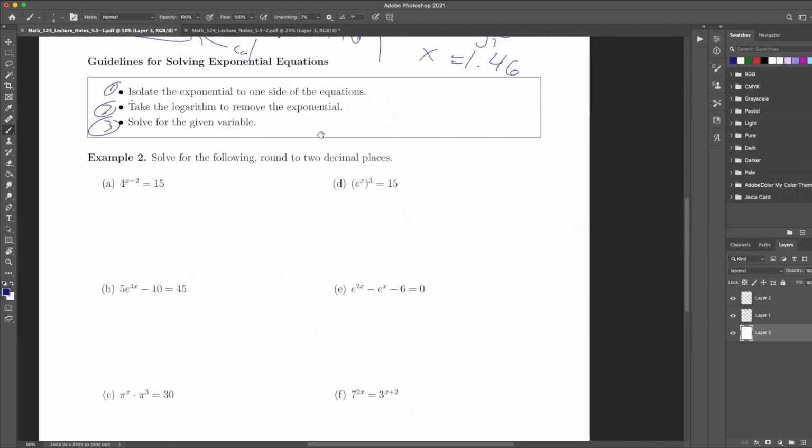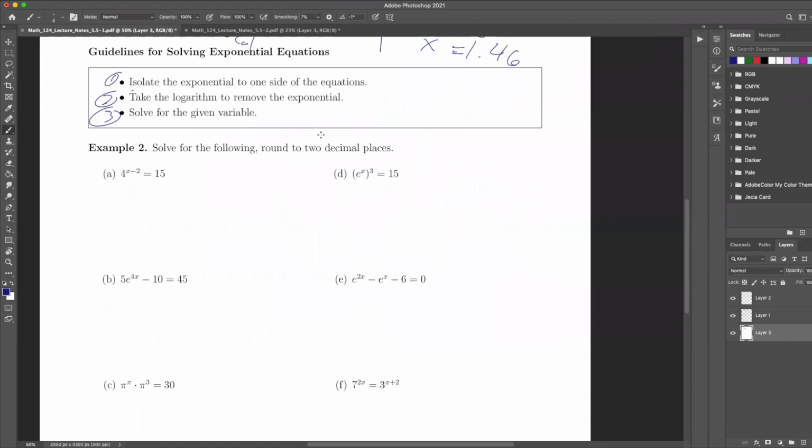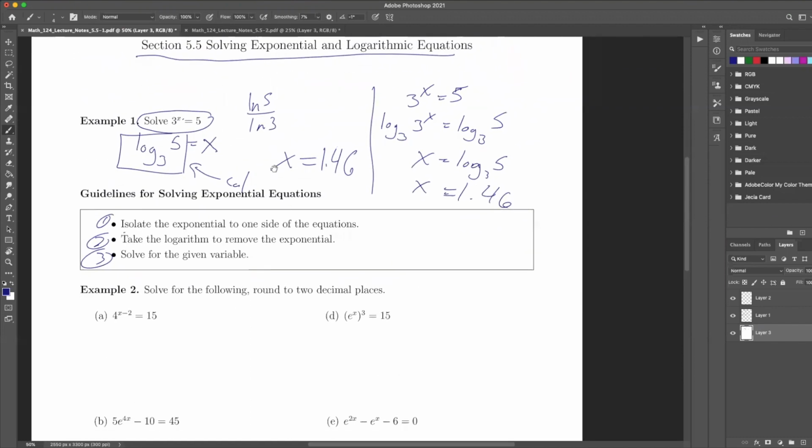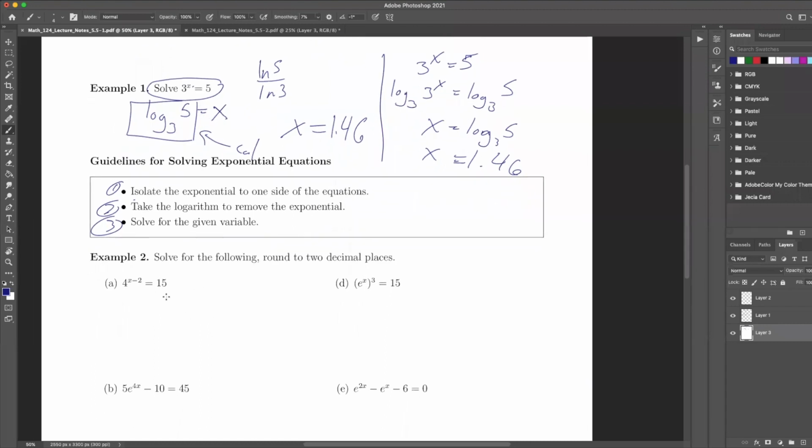All right, here, let's see how this works in action. Notice that unlike this one, which is simple and I can just rewrite it as a log equation and solve for it, here I'm going to get something different. So let me show you the steps. The first thing I'm going to do is take log base 4, and the reason is because of what my exponent is.